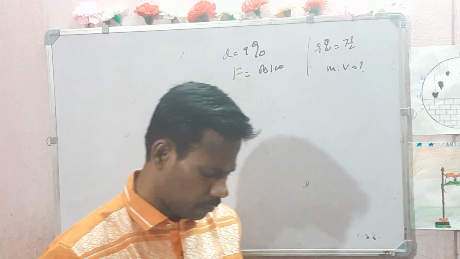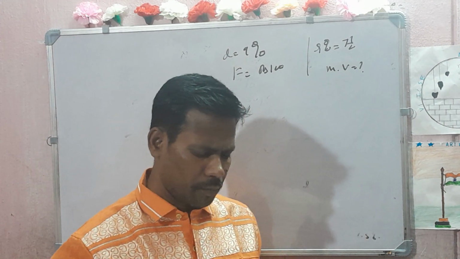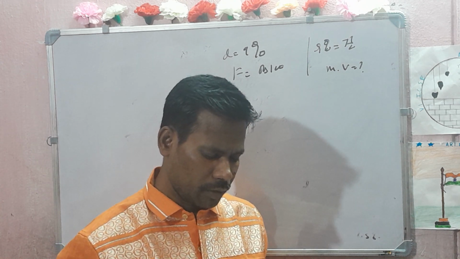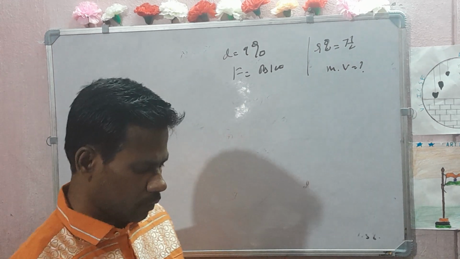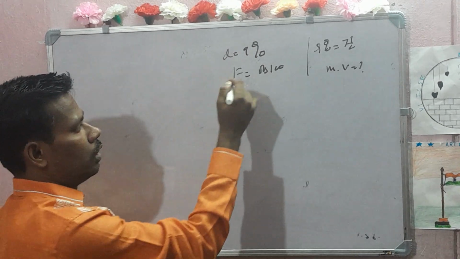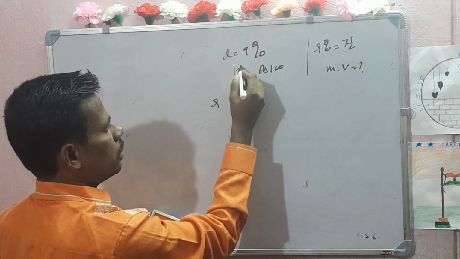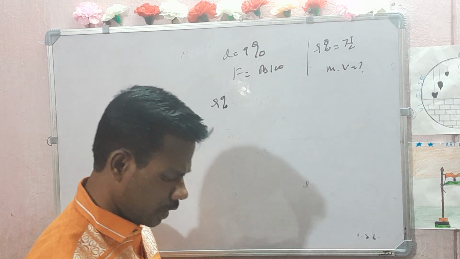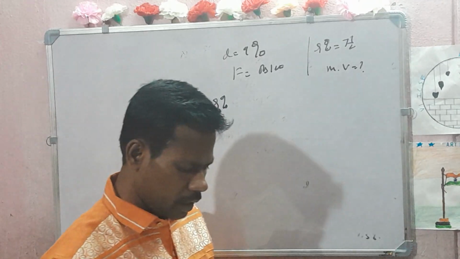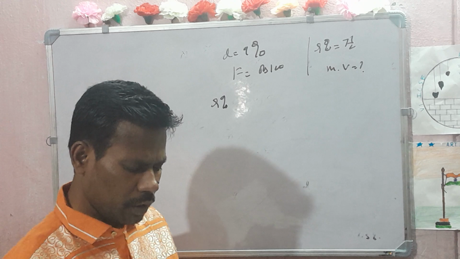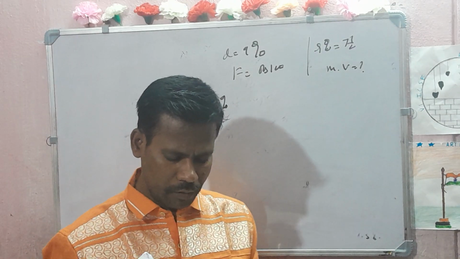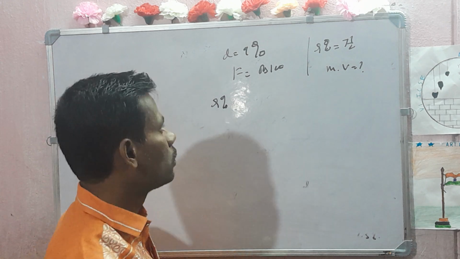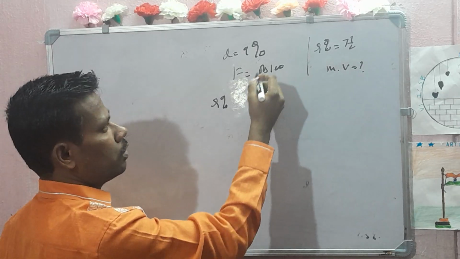So how to do this one? A dividend of 9% was declared on rupees 100 shares selling at a certain price. So calculate the rate percentage of this, that means rate percentage by the company. A dividend of 9% was declared, that means the company is declaring 9% dividend on 100 rupees shares. So face value is given as 100.